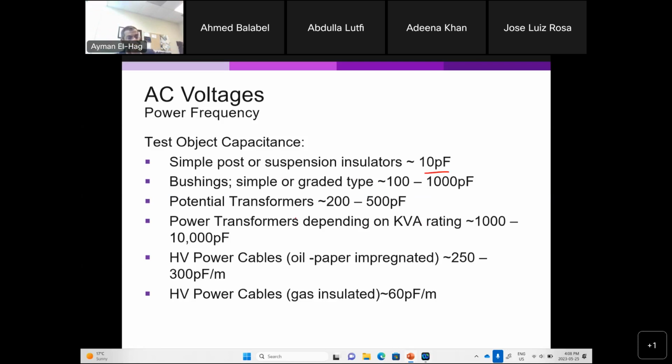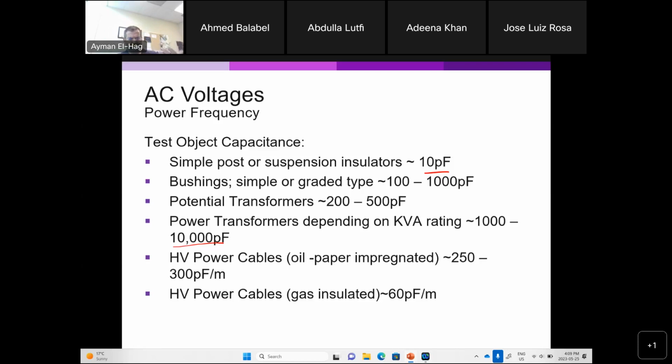Bushings are a bit higher. Potential transformers, 200 to 500 picofarad. A power transformer can go up to 10,000 picofarad. When you do testing, for example an impulse test, which we'll talk about later, the impedance of the load will impact the wave shape that you are applying. So you have to know how much loading effect, how much capacitance your asset has.